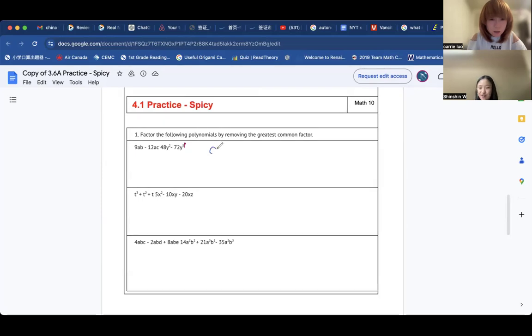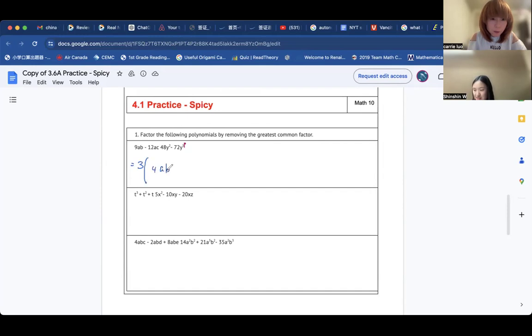But you can only factor out three. 9ab minus 12ac, 48y squared minus 72y fifth. It's like that. I think so. This is a polynomial. Removing the greatest common factor. They only have a common factor 3.